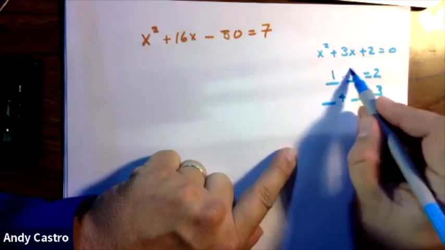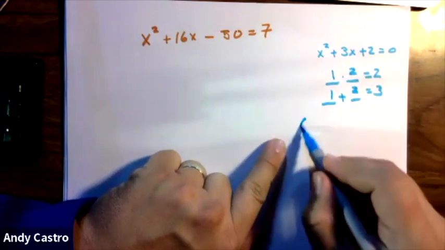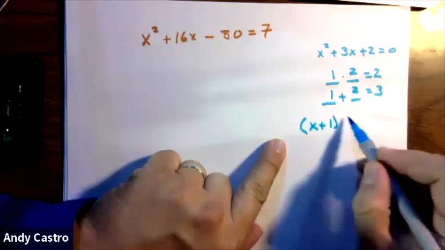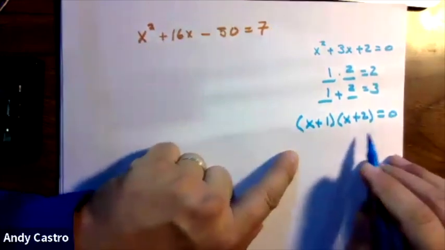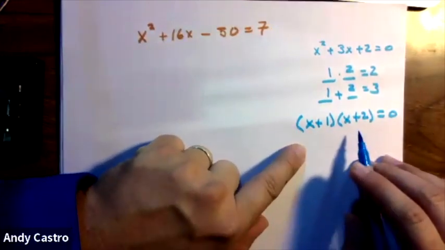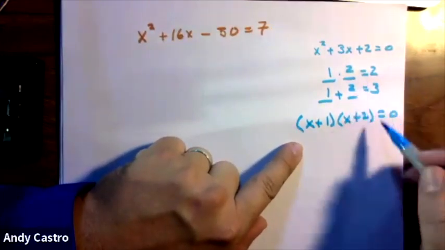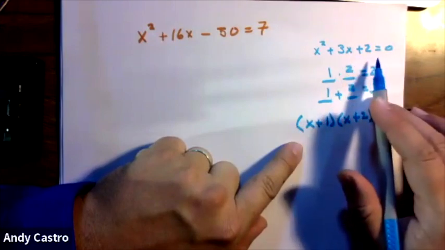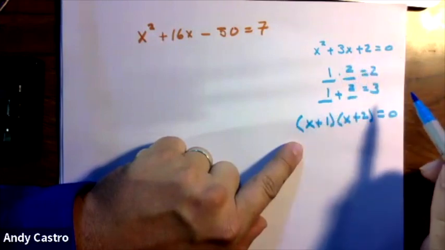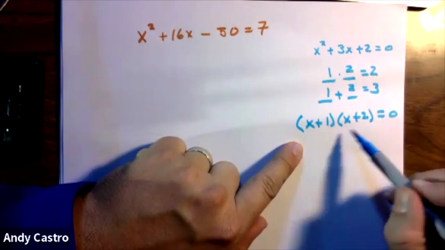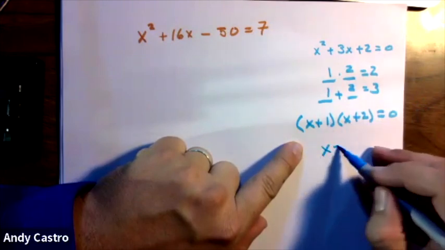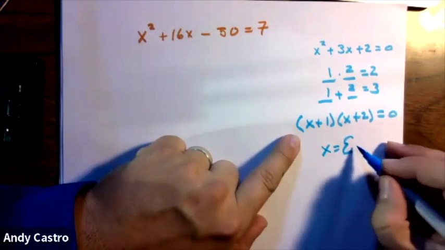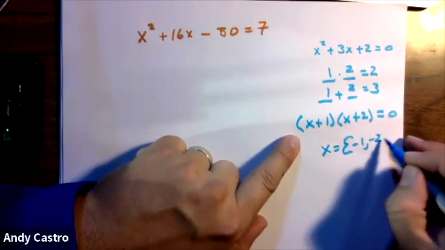Well, that's going to be 1 and 2. So you have x plus 1 times x plus 2 is equal to 0. Here, notice that we didn't have to complete the square. So x can either be -1 or -2.